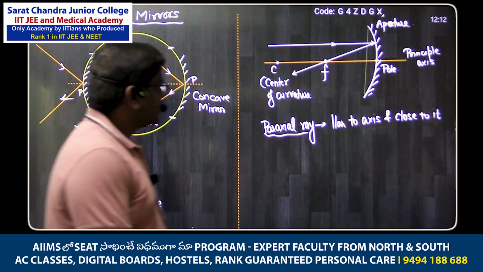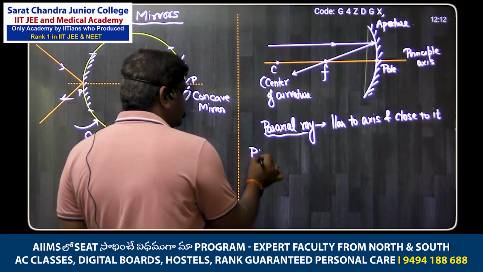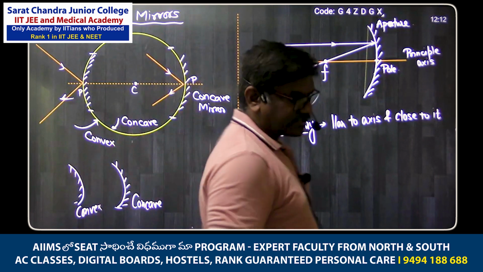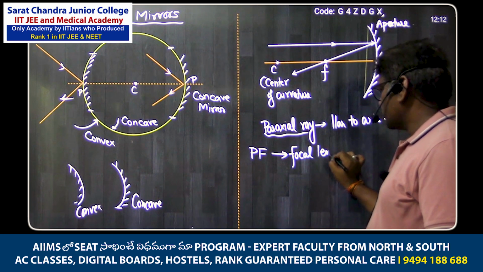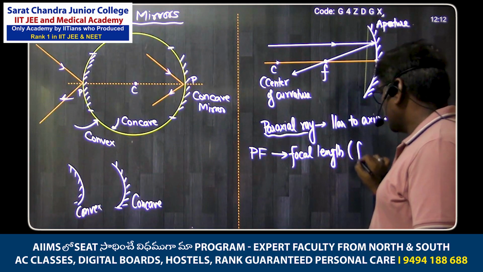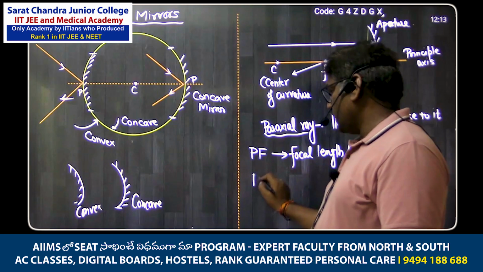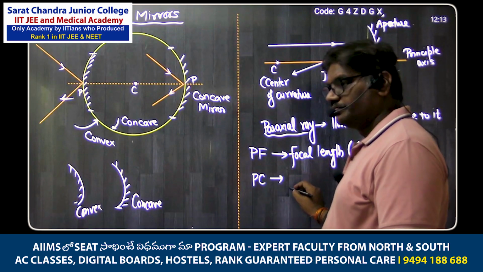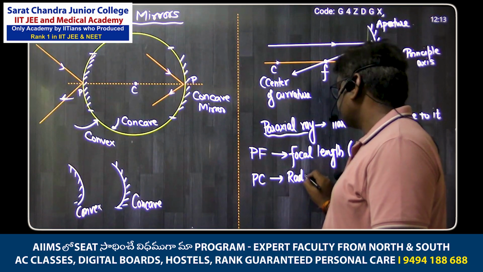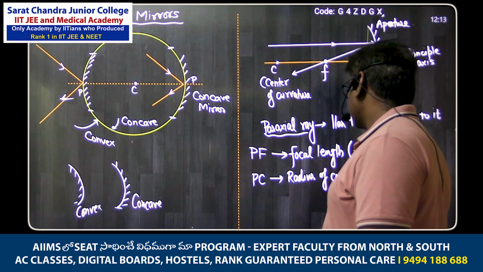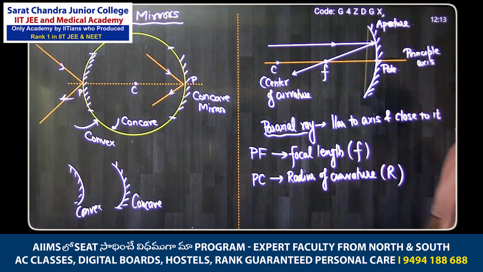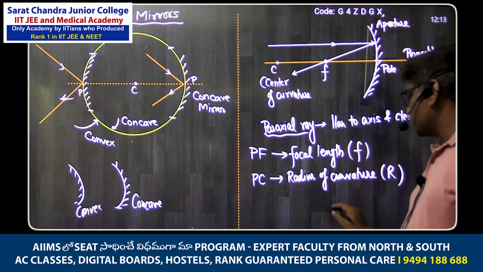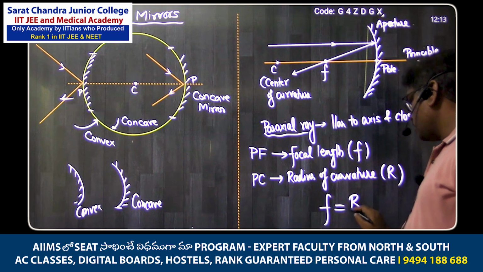Then comes the distance PF. From the pole to the focus, this distance is called the focal length, which we denote by F. This distance PC is called the radius of curvature, denoted by R. Now, if I do the calculation, F equals R by 2.